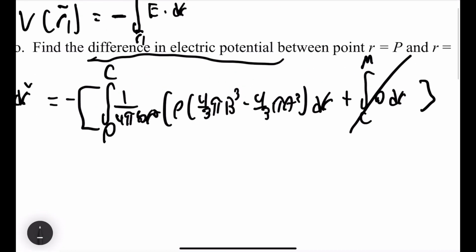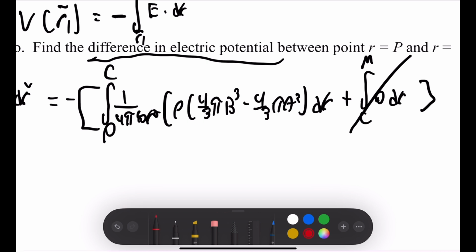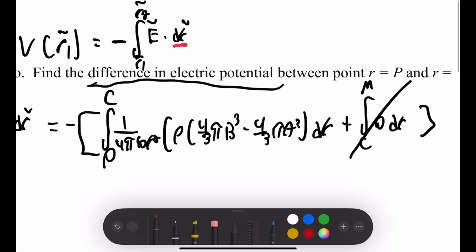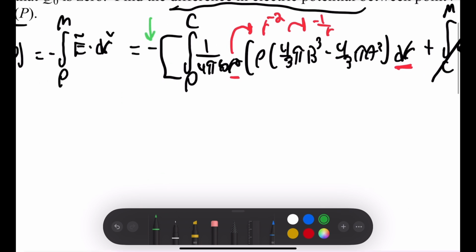We just care about this first integral, and we're integrating with respect to r. So we're just integrating this portion. If I move this up to the numerator, this is r to the negative 2, right? And if I integrate this, you add 1 to the power, divide by the new power, negative 1 over r. This negative will cancel out with the negative in the front, right? So we'll be left with a positive.